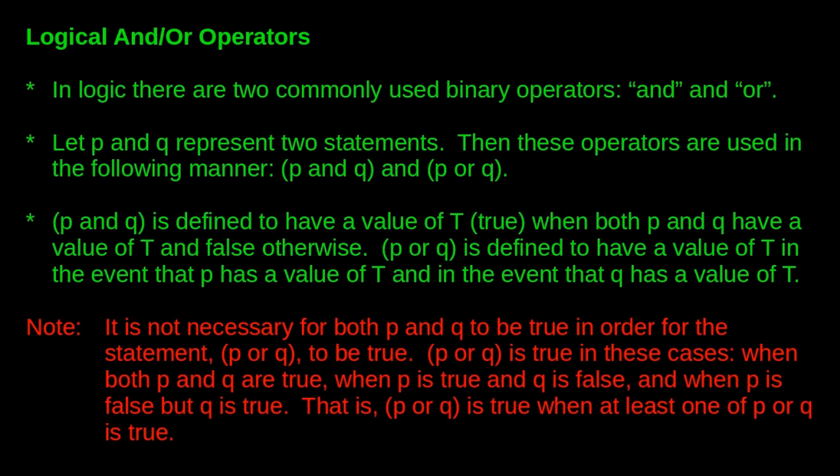P or Q is true in these cases: when both P and Q are true, when P is true and Q is false, and when P is false but Q is true. That is, the statement P or Q is true when at least one of P or Q is true.